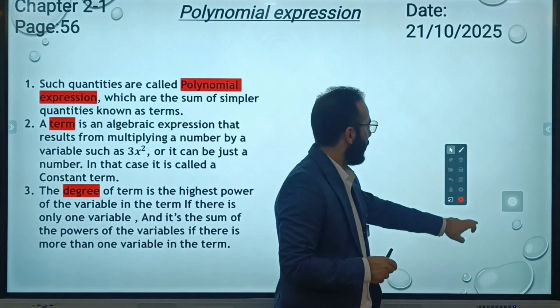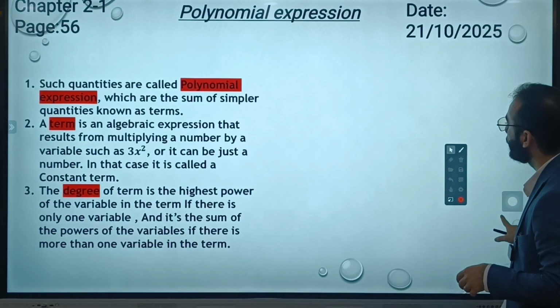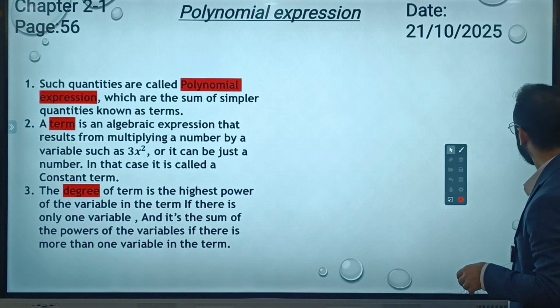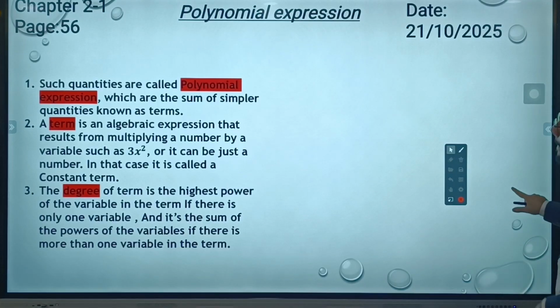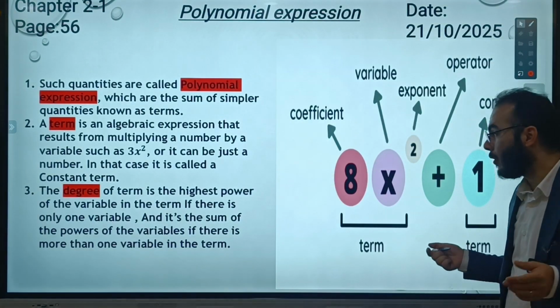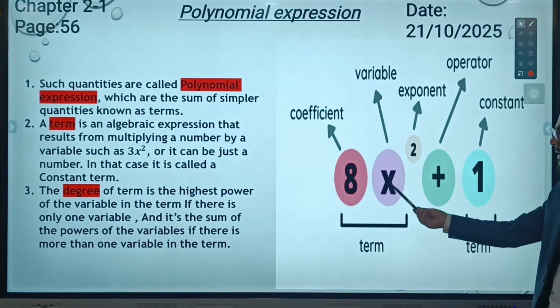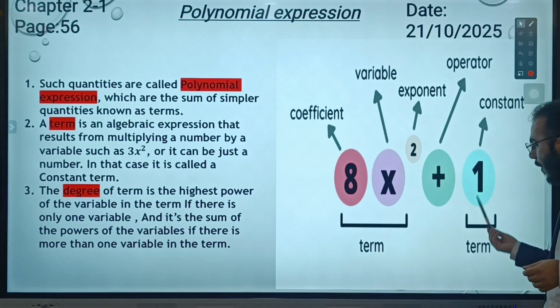There is an illustration regarding what we have done here. Here there is a polynomial that consists of two terms, 8x squared plus 1.